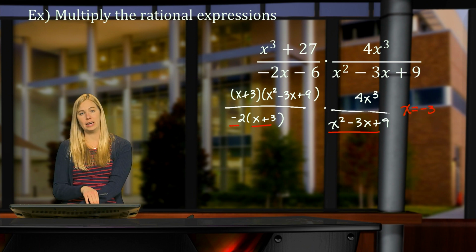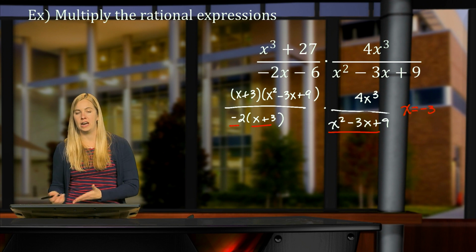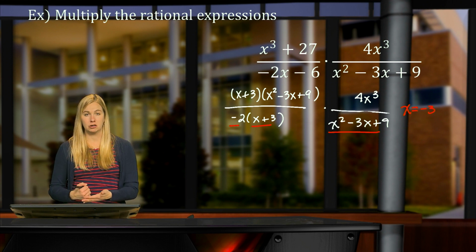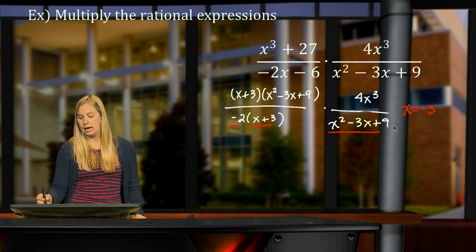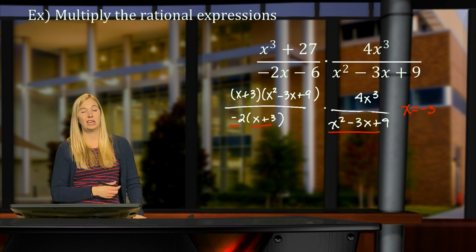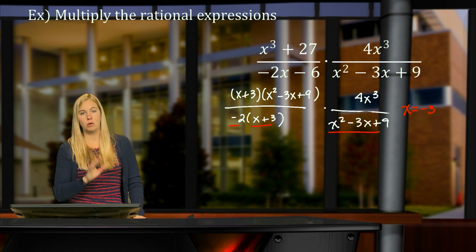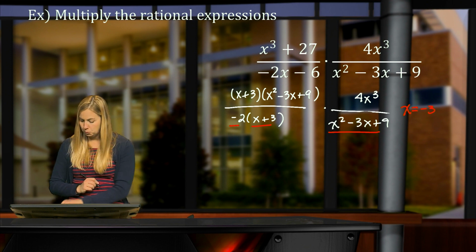But that's just for right now, because we haven't gotten far enough to show you what you can do to find the zeros when it doesn't factor. Eventually down the road, yes, we will be able to possibly solve those trinomials even if they don't factor. But for right now, if you can't factor it, then it doesn't provide a restriction.